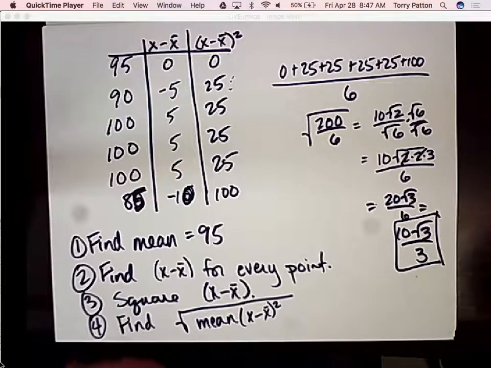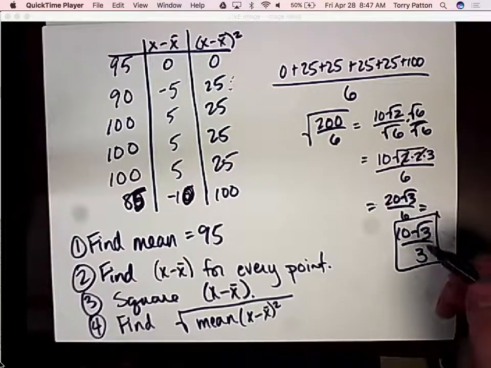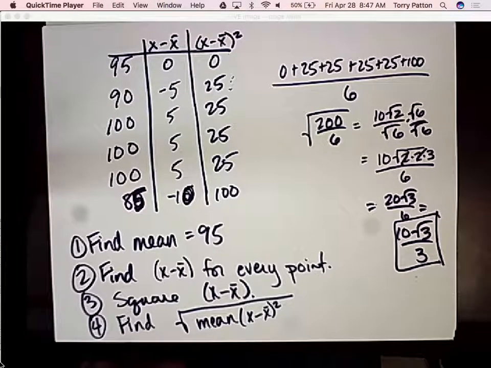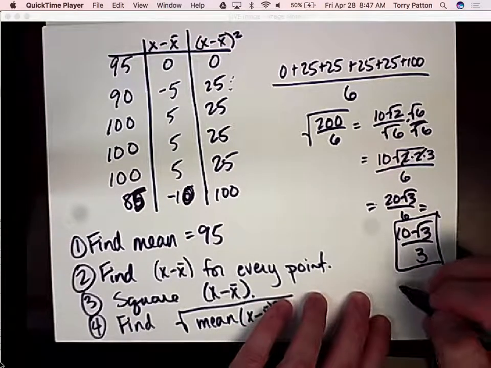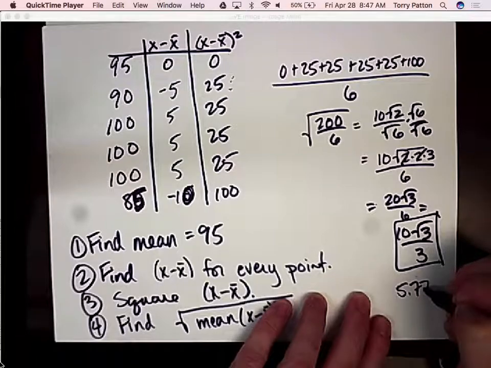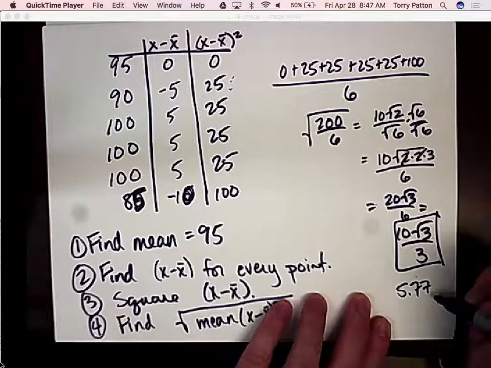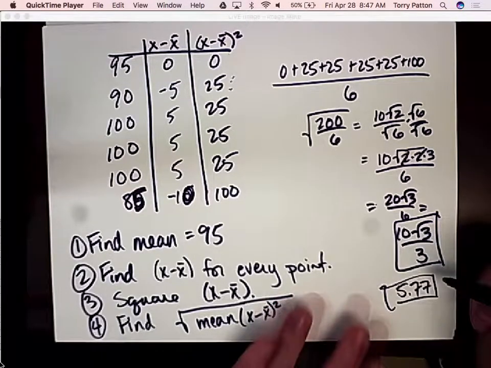Somebody got a calculator? What is 10 square root 3 divided by 3? That's 5.775. What'd you say? 5.7735. Which makes sense.